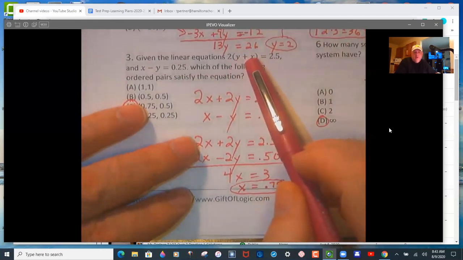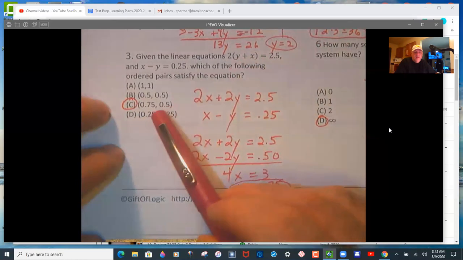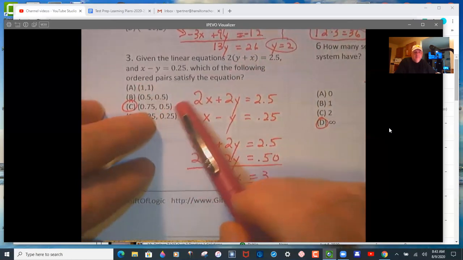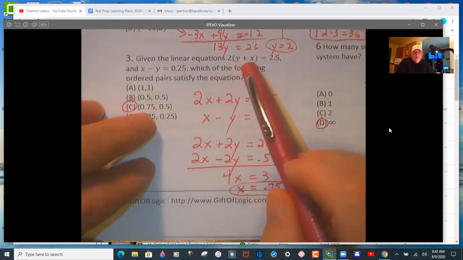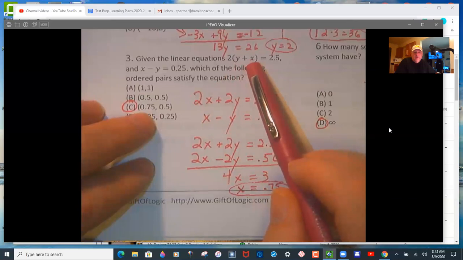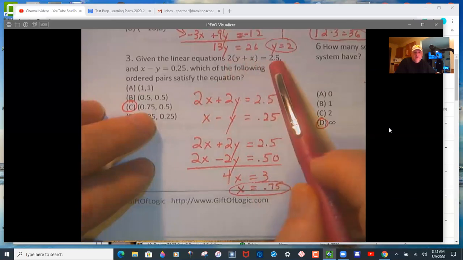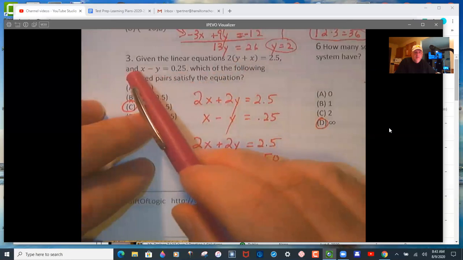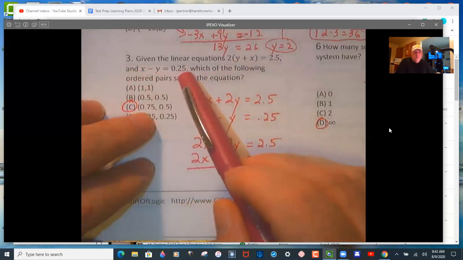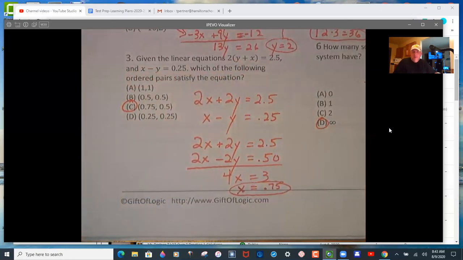You'd add 1 plus 1 here if it was true. That's not the same. So you get down to C, and you'll see that 0.75 plus 0.5 is 1.25 times 2 is 2.5. And then also 0.75 minus 0.5 is 0.25.